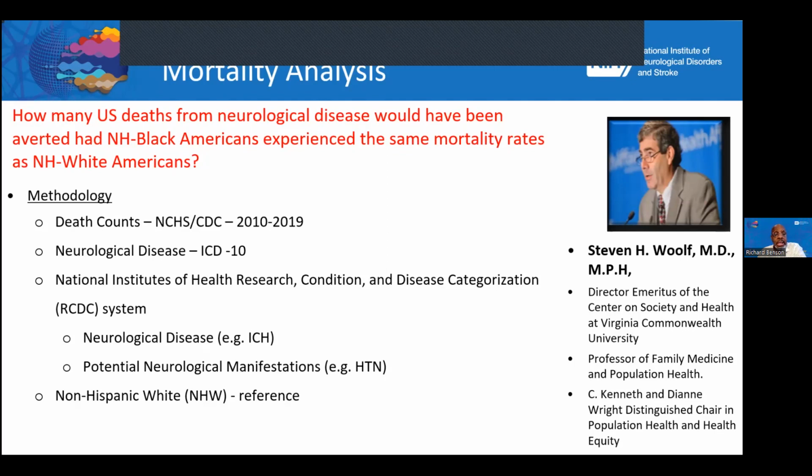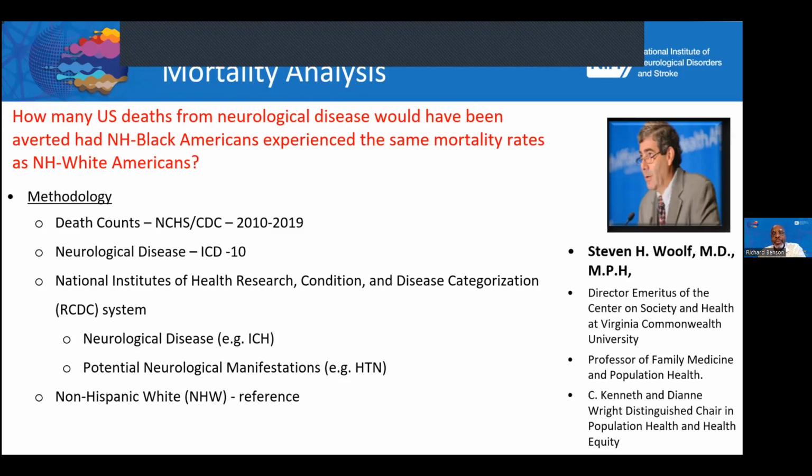Then we used the NIH Research, Condition, and Disease Categorization system, which we call the RCDC system. We included definite neurological diseases and also conditions highly linked to neurological diseases, such as hypertension.